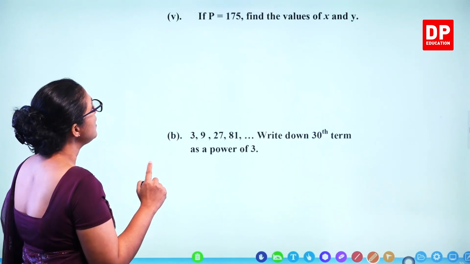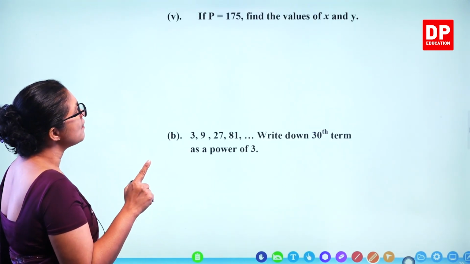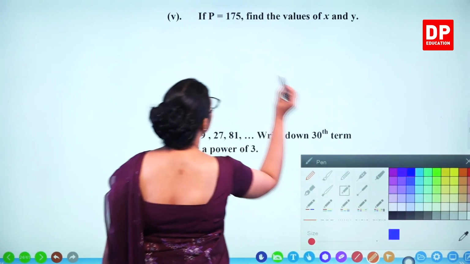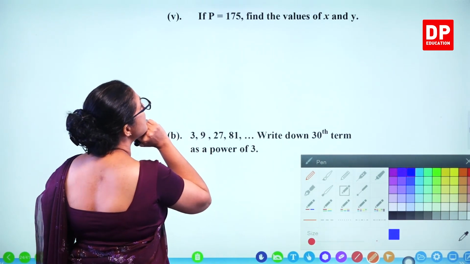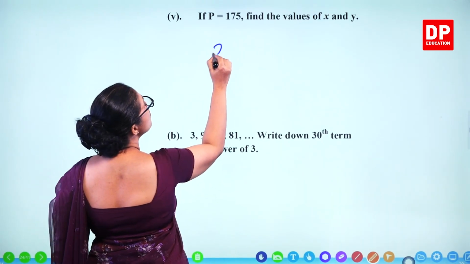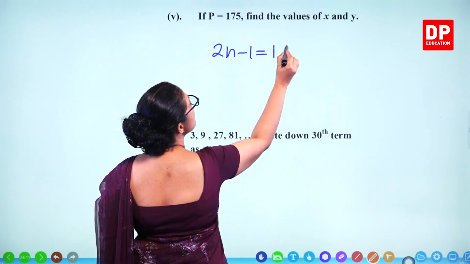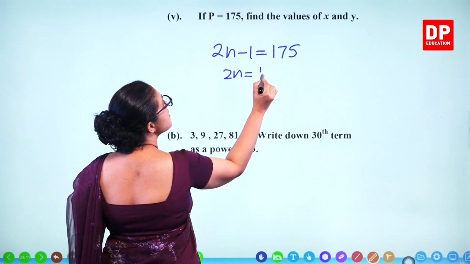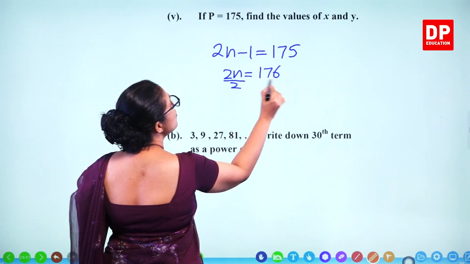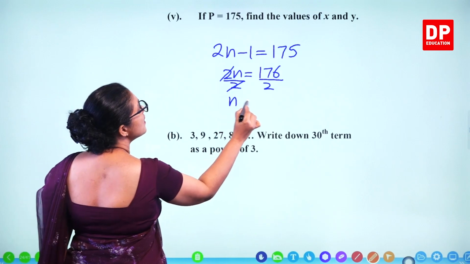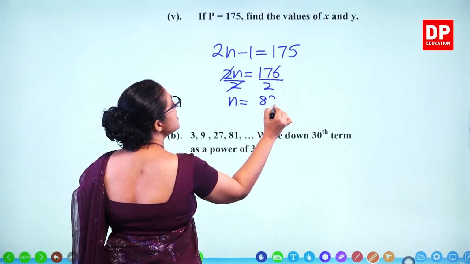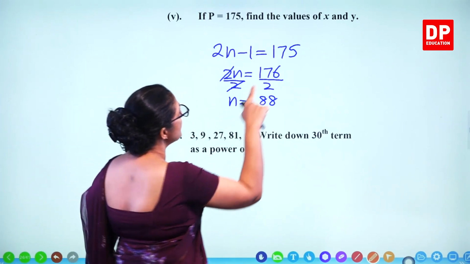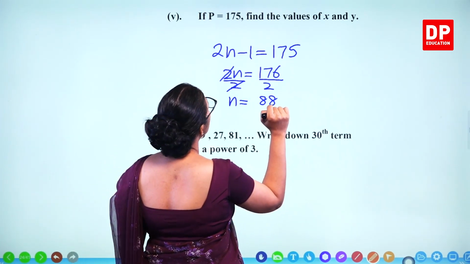Let's take the next one. If p equals 175, find the values of x and y. So x plus y equals 175. Now, first of all, 2n minus 1 is 175. So you can find the row number. 2n equals 176. Divide by 2, n equals 88. And how you find out the values x and y?